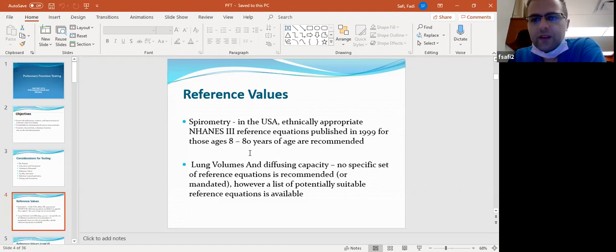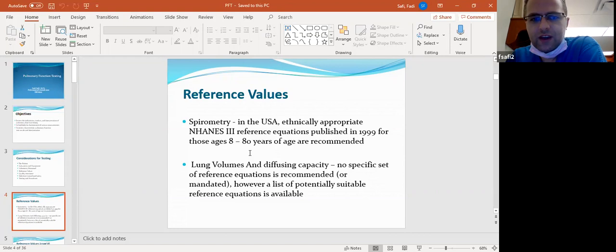So the test has many parts. One of them we call spirometry. And the next one we call lung volume and diffusing capacity. For spirometry, in the United States, there are reference values.